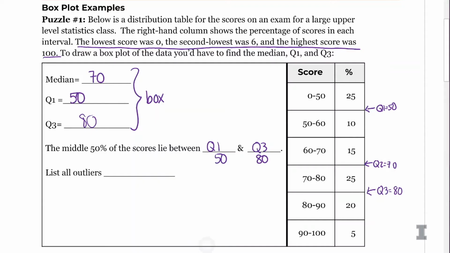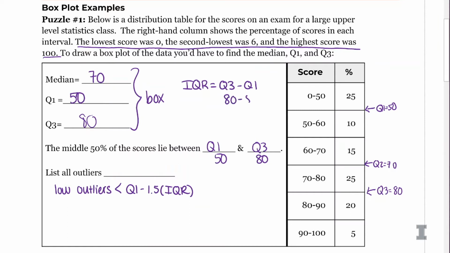Yeah. So low outliers are any numbers less than Q1 minus 1.5 times the IQR. So Q1 in this case we know is 50, minus 1.5 times our IQR, which is always our interquartile range, Q3 minus Q1, which in this case is 80 minus 50, which is 30.